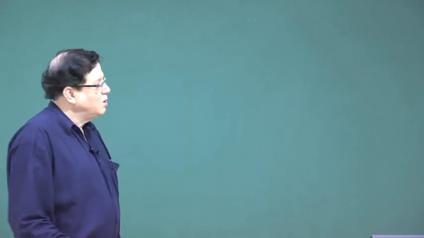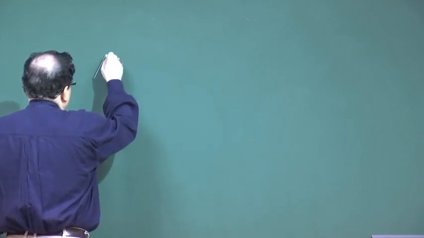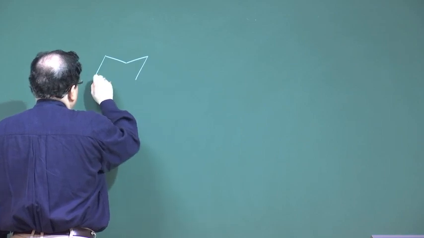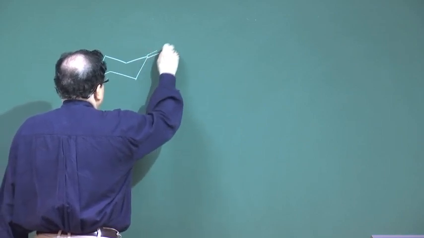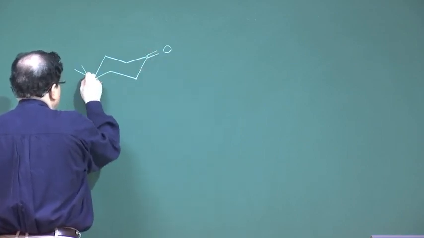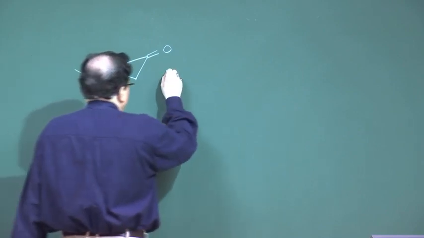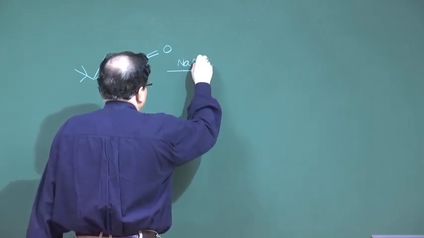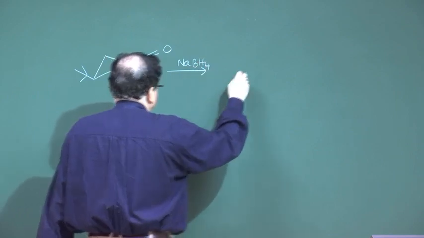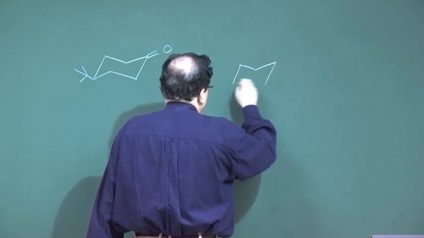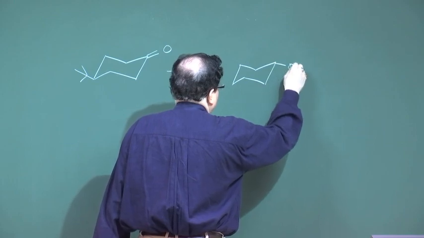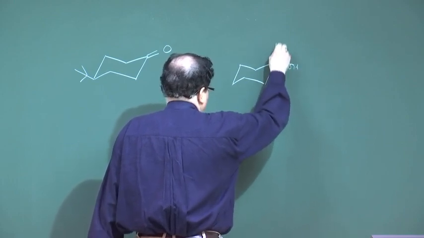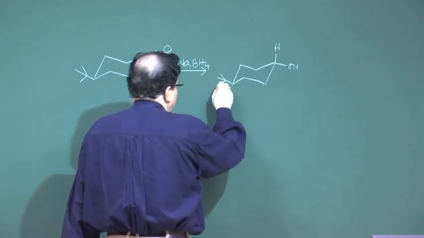Now, then we went on to the cyclohexanone system, and we gave one more model in cyclohexanone, that is the cyclic model. So, if we take tertiary butyl cyclohexanone, then what happens if we treat with sodium borohydride, the major product formed is the equatorial alcohol and not the axial alcohol.